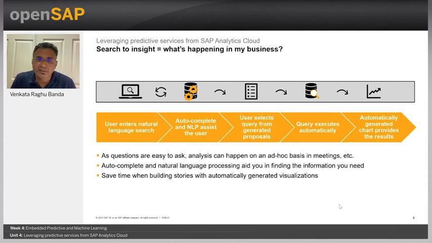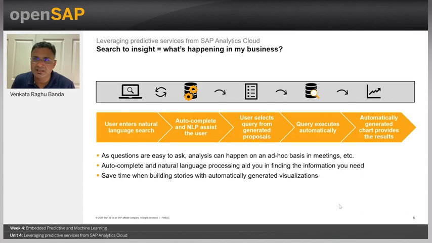You have a search to insight concept. As a business user, I want to understand what is happening in my business. This is where the search to insight aspect comes in: a user can ask questions, an autocomplete option is provided, and NLP assists the user when they are asking the questions.